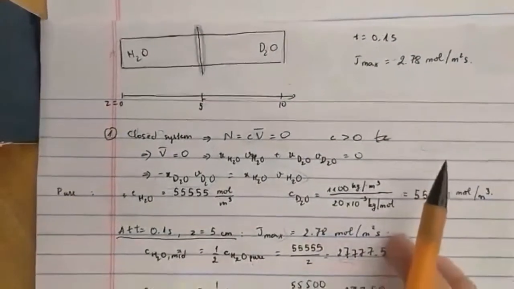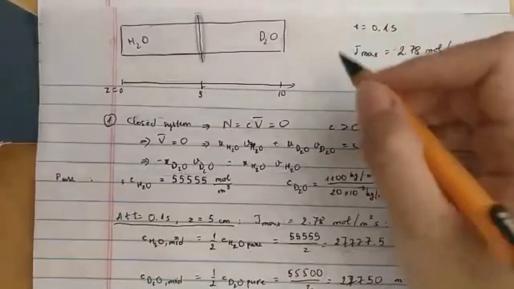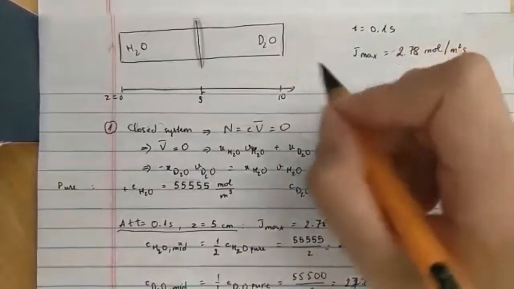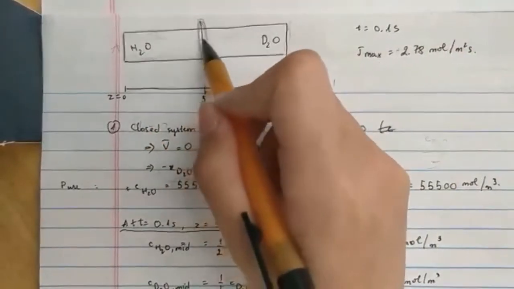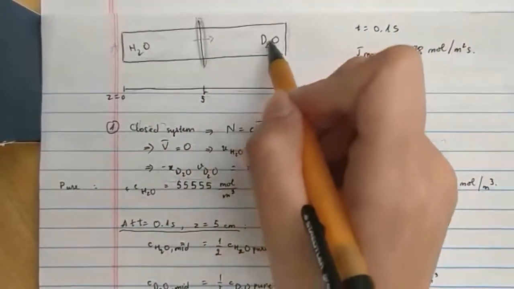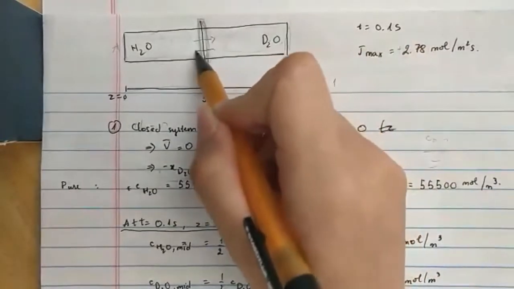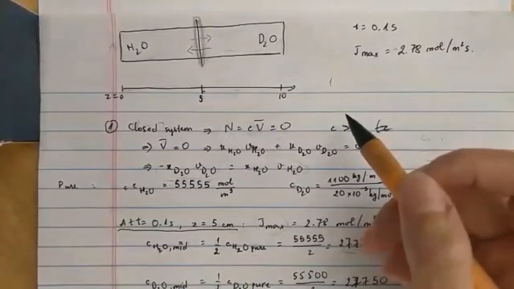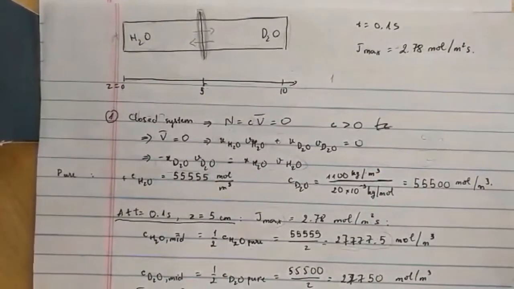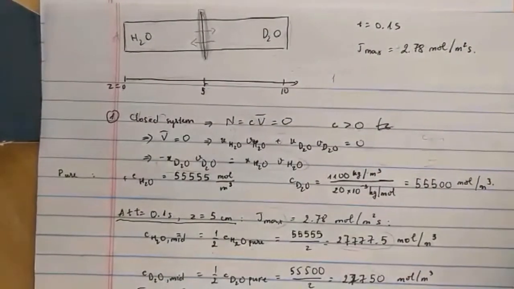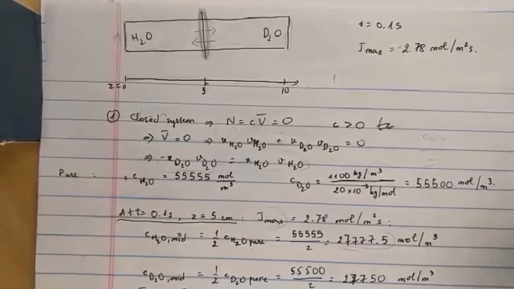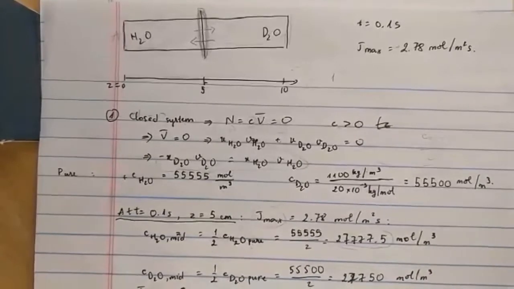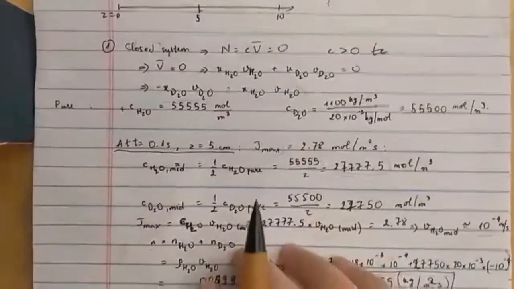One reason is that 1 mole of H2O goes this way, and 1 mole of D2O goes the other way. So the molar velocities of D2O and H2O are equal, but in different directions.